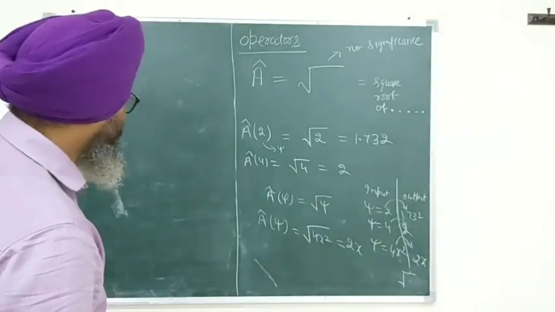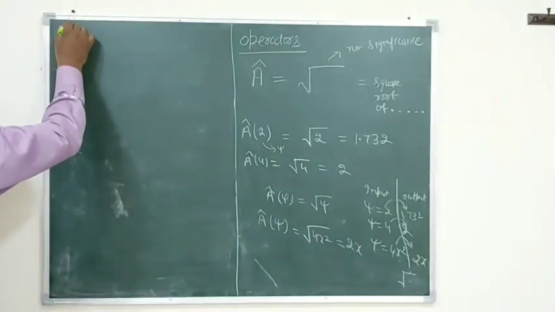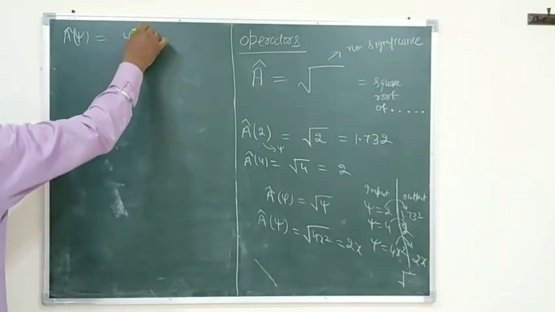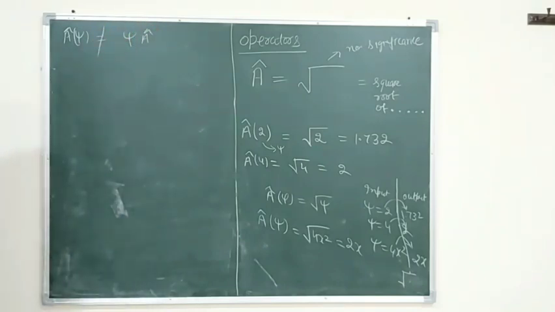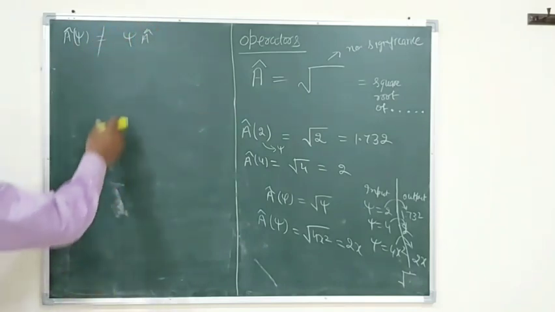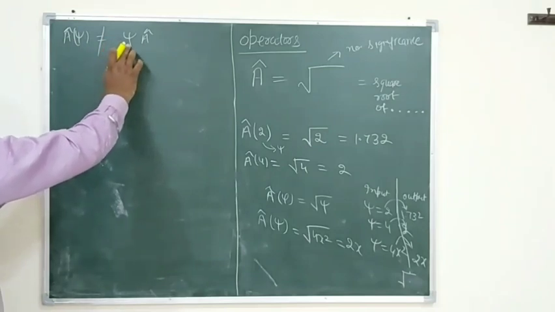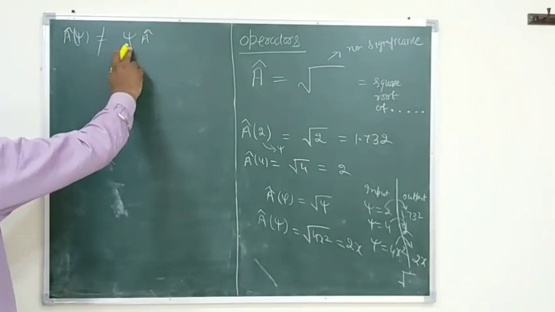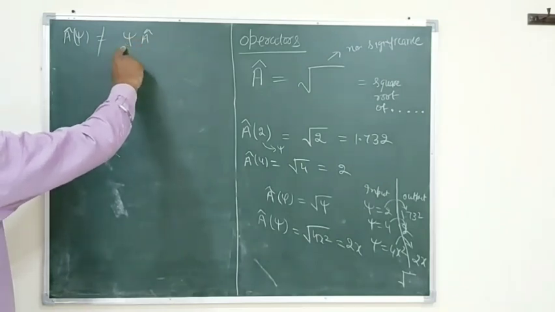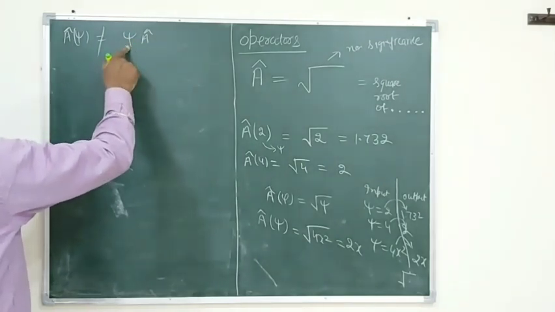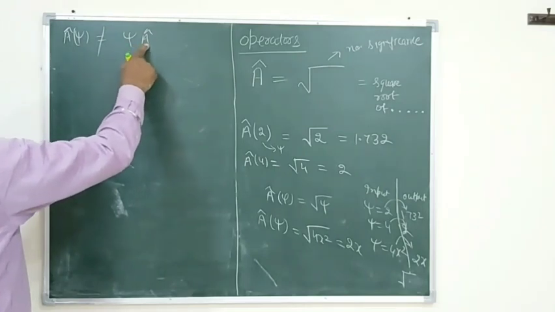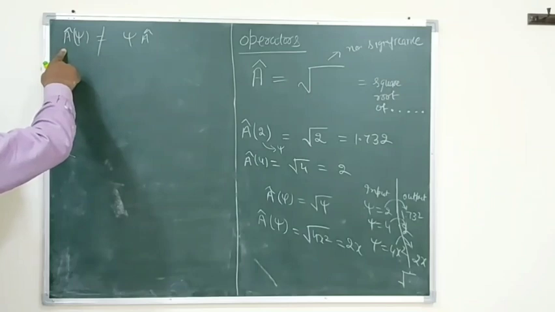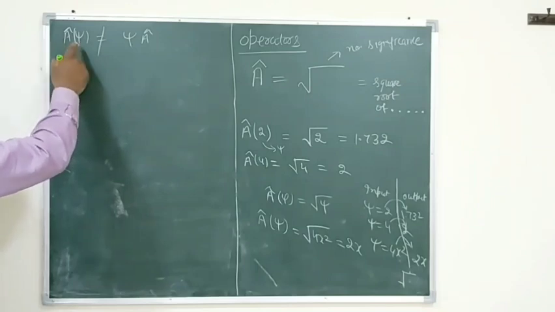So kindly remember that a cap psi and psi a cap are not equal. It is not good to write wave function before operator. If I write wave function before operator, it will be multiplication. It is psi multiplied by a cap. If I write a psi after a cap, then it is not multiplication.